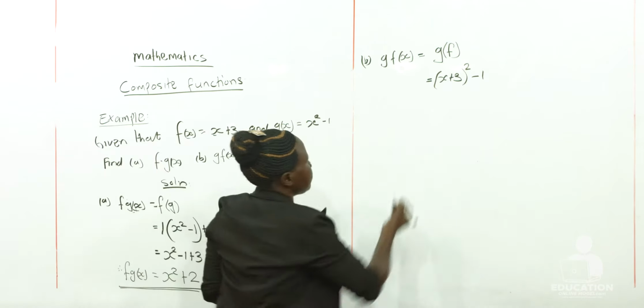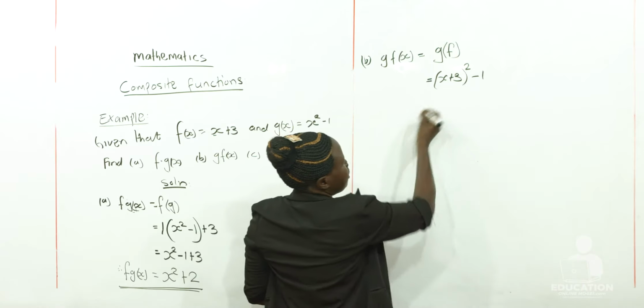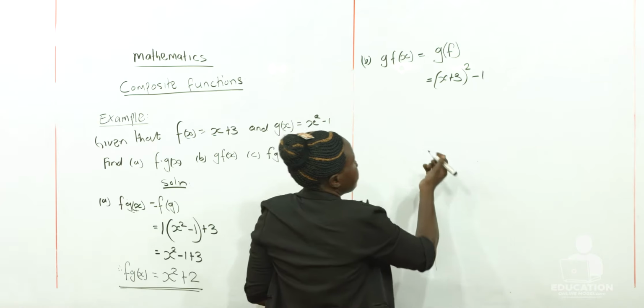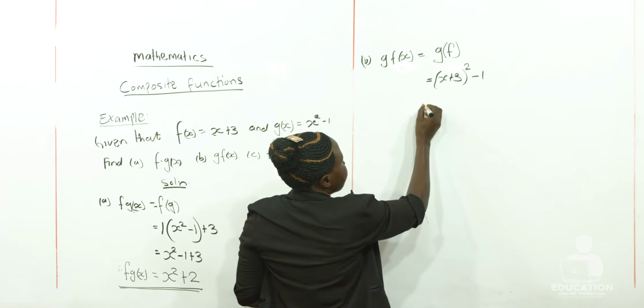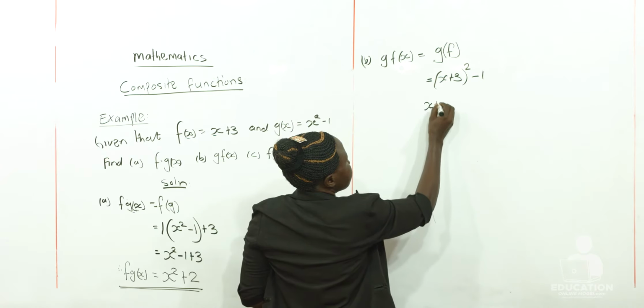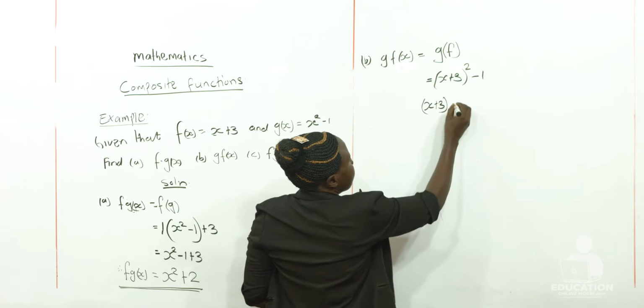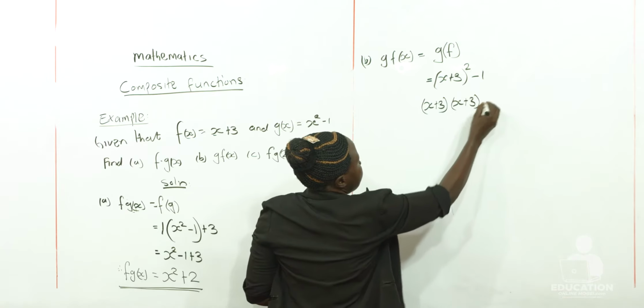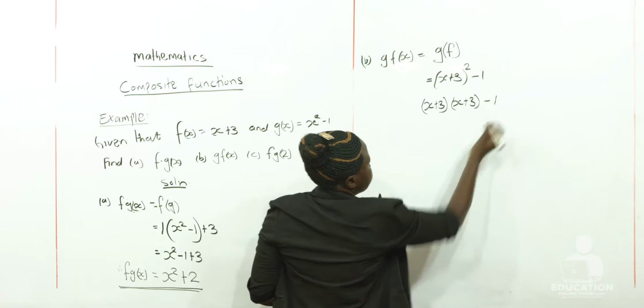Then from here, what does this mean? It means you expand this given equation. So you expand it by saying, I will have x plus 3 times x plus 3, and then minus 1.